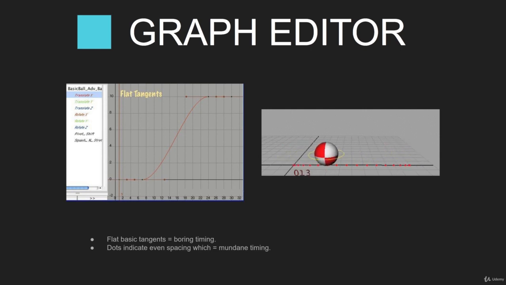And that is indicated in the graph editor tangent by looking at the middle of that curve, where it's basically a diagonal line, like a 45-degree angle for the most part.